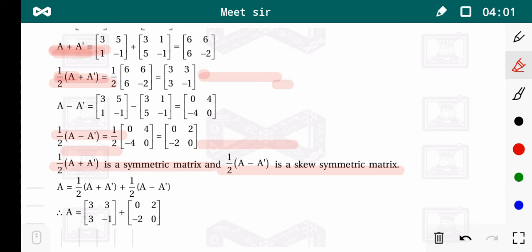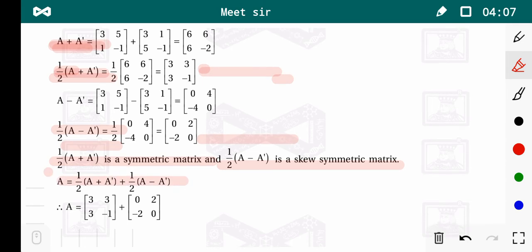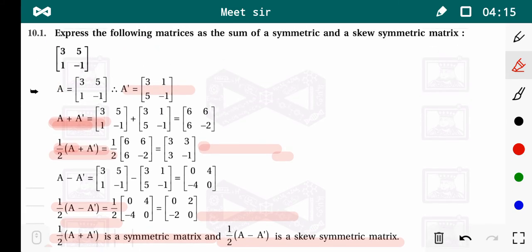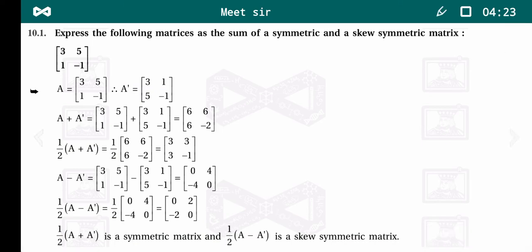Now we add these both, and by theorem number 2, A is equal to the sum of these two matrices, that is 3, 3, 3, minus 1 plus 0, 2, minus 2, 0. This is a simple example which would be asked for 3 marks or 4 marks.